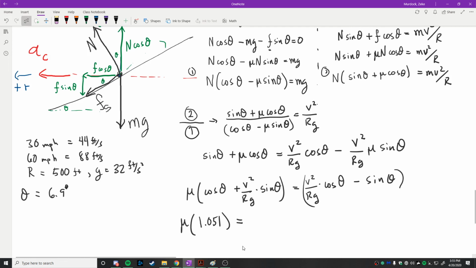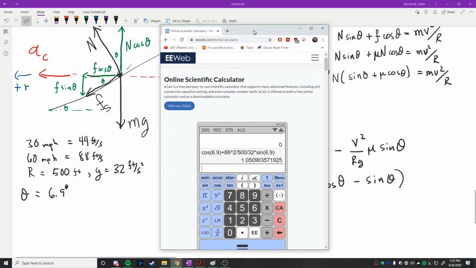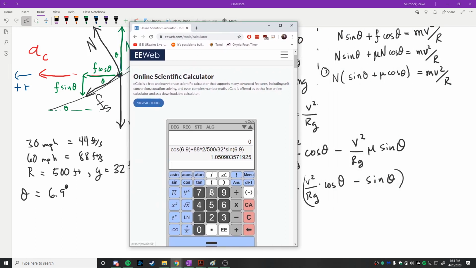And then on the right-hand side, we're doing 88 squared divided by 500 divided by 32 times cosine 6.9, and then minus the sine of 6.9.